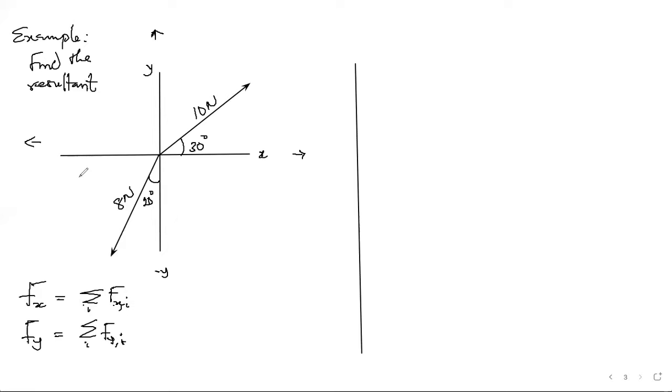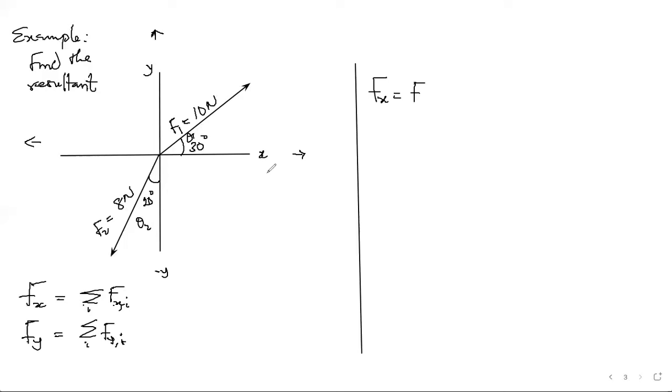Hope that is clear enough. If you remember that rule, then life will be easy. So what do we do? For this one, if this is F1, let's say this is F1 and this is F2, it means that I will have Fx will be F1, and let's say this is theta 1. I just want to write the formula.